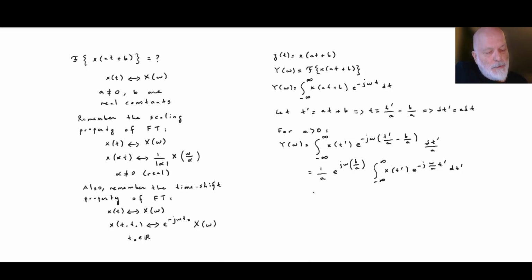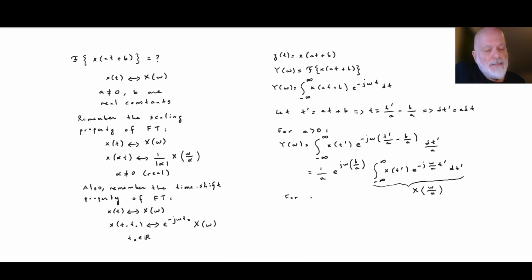Okay, so in fact, we recognize this integral here as the Fourier transform of x of t evaluated at omega over a. Now, this is the case when a is a positive constant.